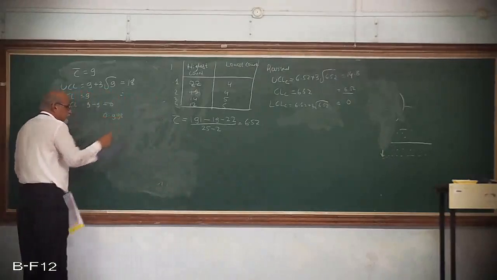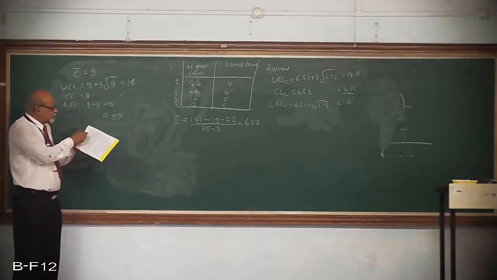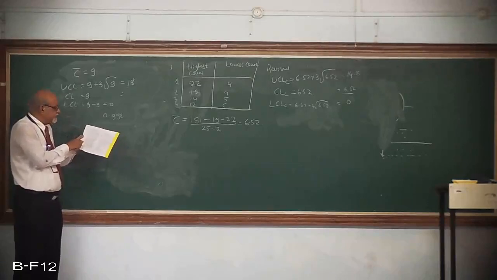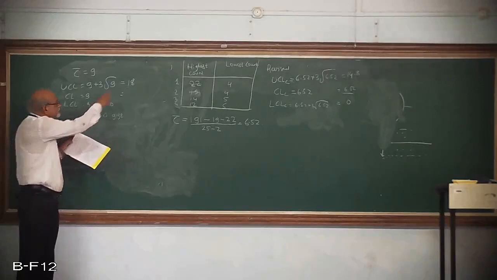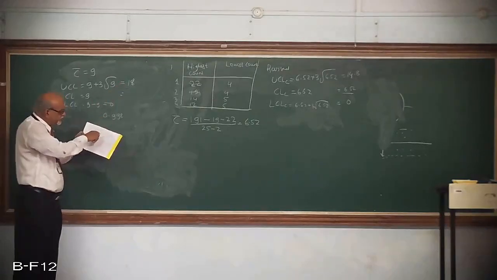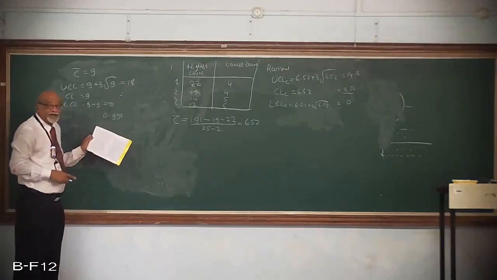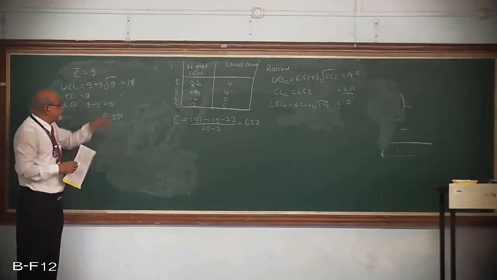How did I find out this 0.998? I first looked under the column C prime 9. Under that one I go horizontally, because 18 is there, under the number 18 column I see that it says 0.998. Okay. Up to 18 this is allowed.